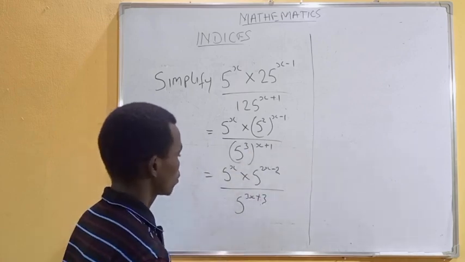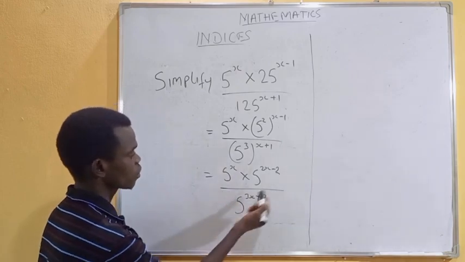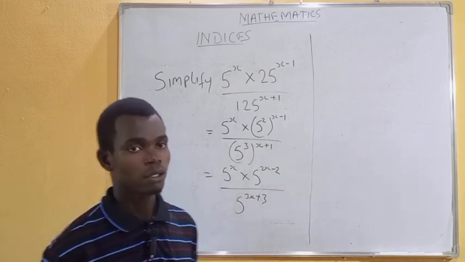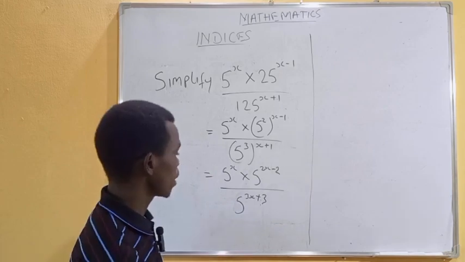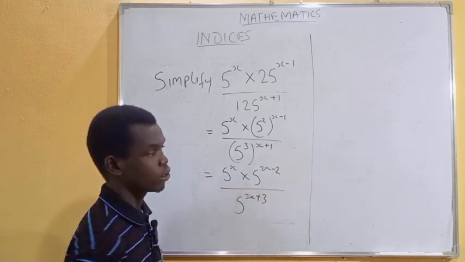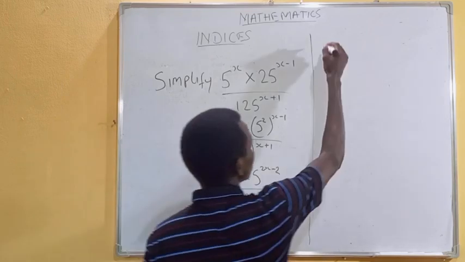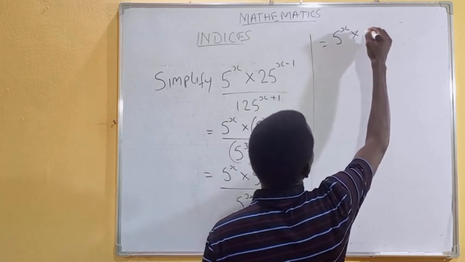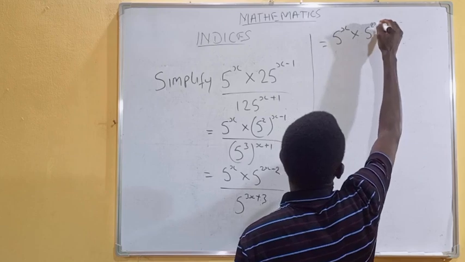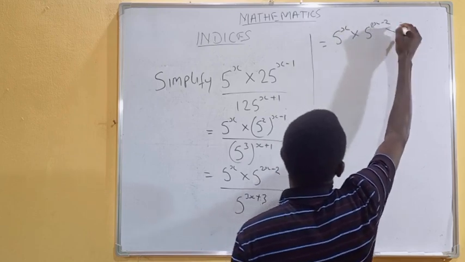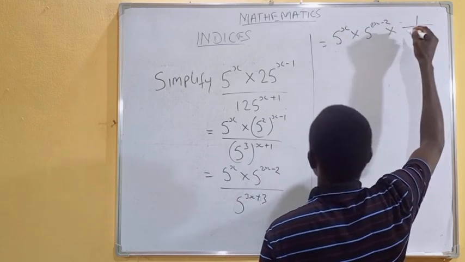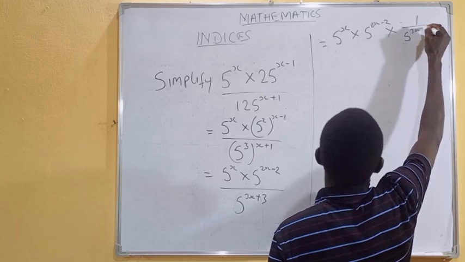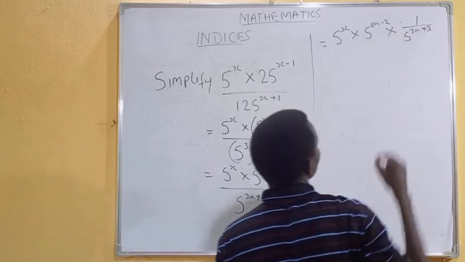And from here, we can reverse the division law to multiplication law by writing out the reciprocal of the denominator. That is, it will now be 5 raised to power s times 5 raised to power 2s minus 2, times 1 over 5 raised to power 3s plus 3.